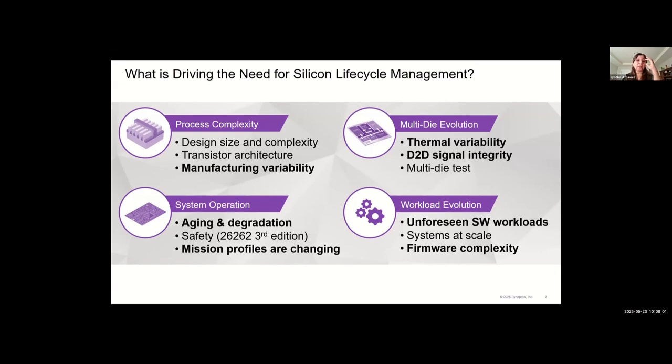And then complexity throughout the stack, including the hardware and software layers, increasing the risk from an aging and degradation standpoint, which is the in-field reliability.